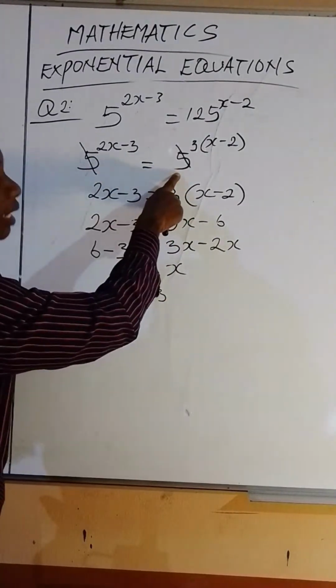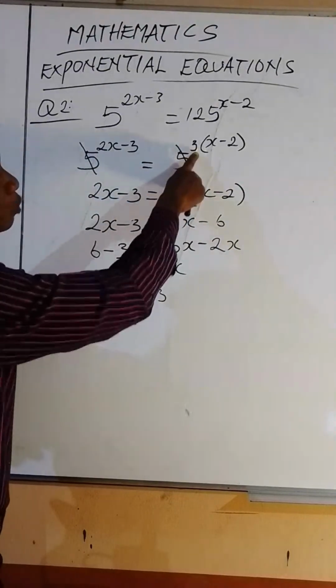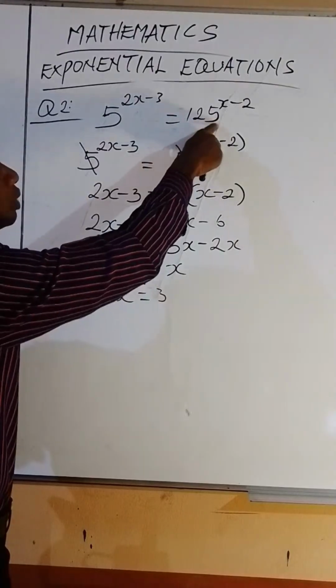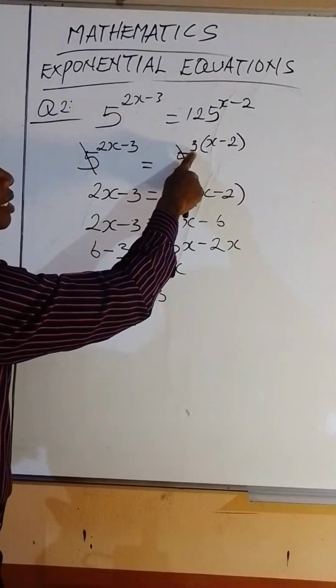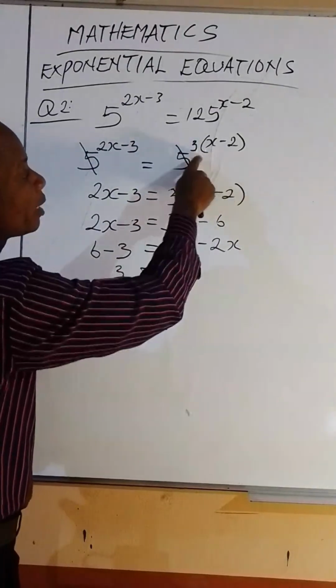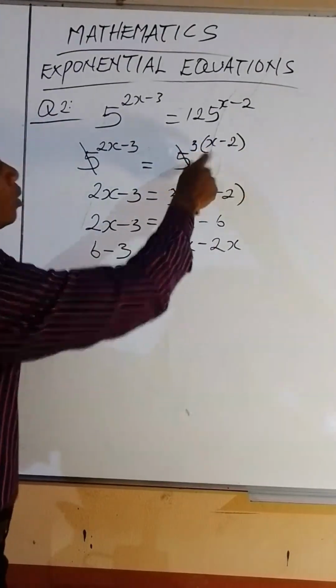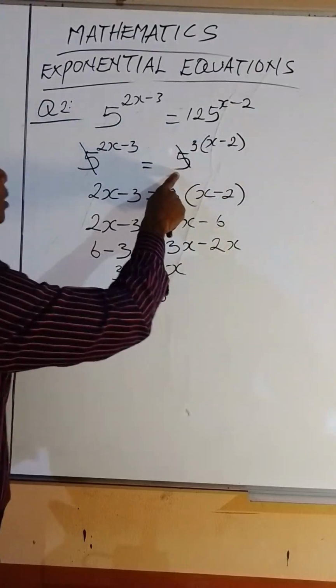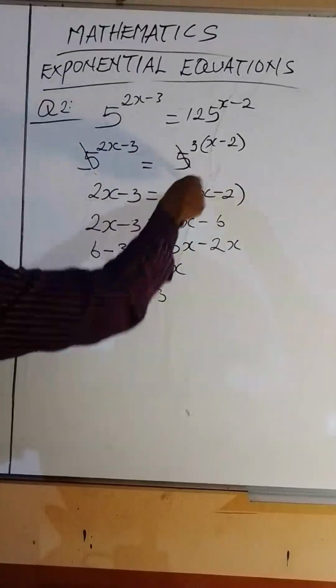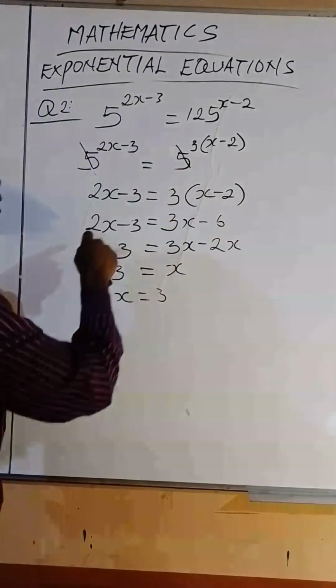So we have made it here, we have 5 raised to power 3. So 5 raised to power 3 will give us 125. Then this 3, which is the new exponent, can be used to multiply x minus 2. All right? So with this already done, we can strike it. Since they are equal, we can just strike them out.